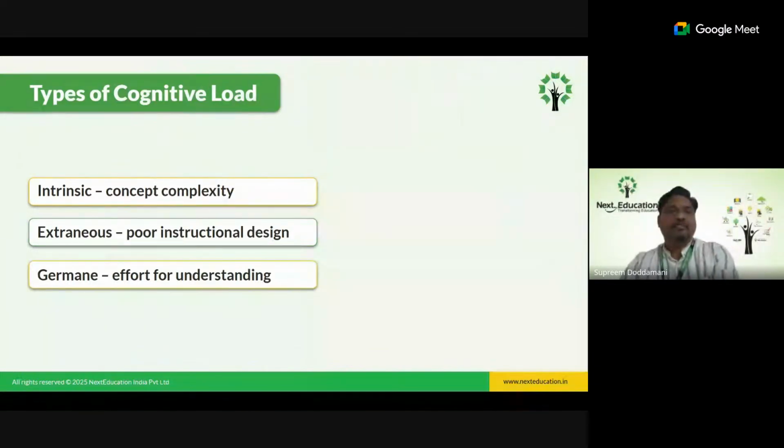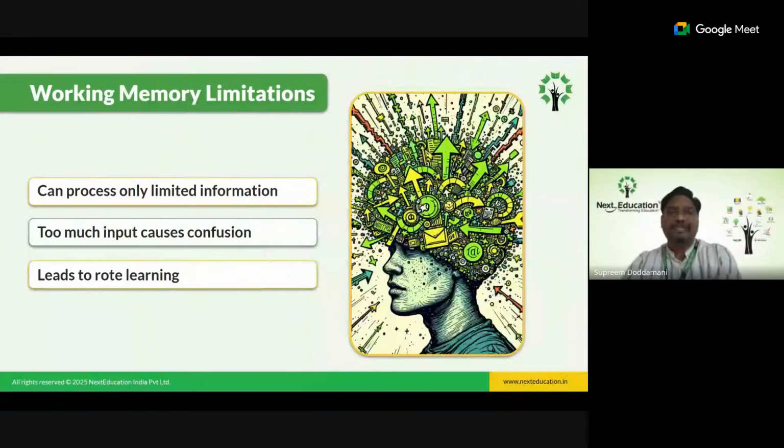So next, working memory limitations. In the first slide, we saw that cognitive load restricts the student to a very minimal limit of memory. Now, how is it related to memory shortening? First, let me tell what memory limitations means.